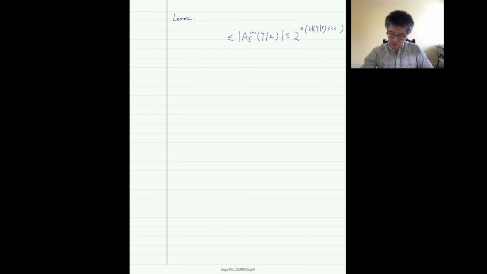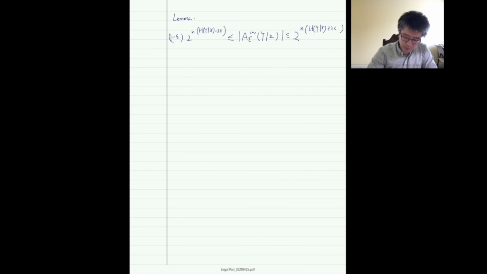And then the lower bound is as usual. You can see the technique here, and proving it will be basically identical to before. We have 1 minus epsilon here because of the law of large numbers.